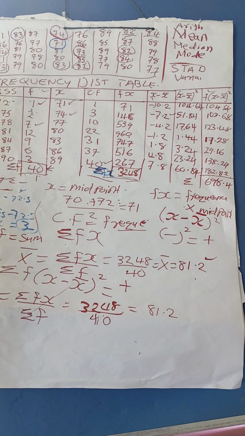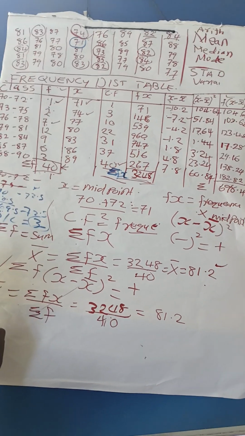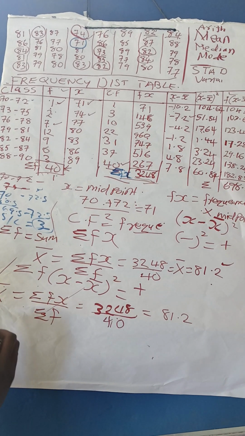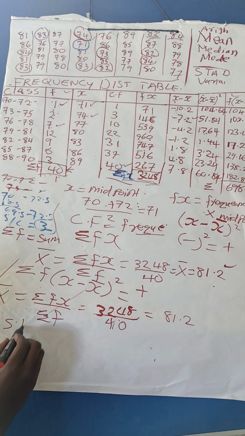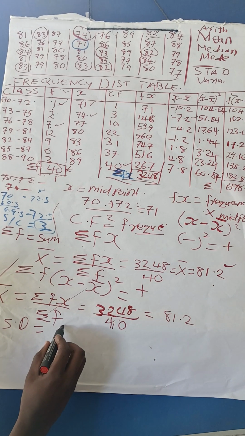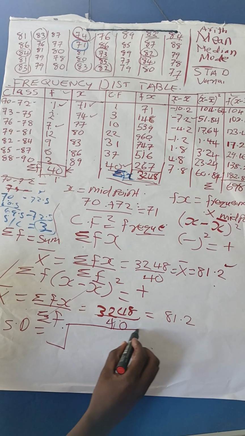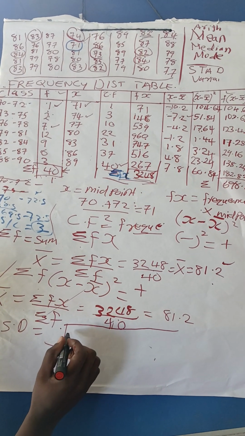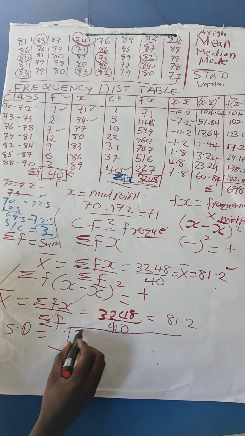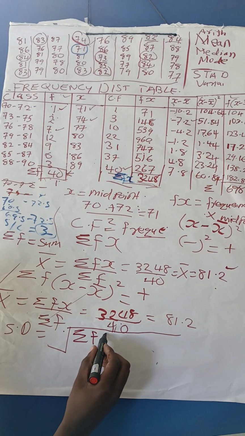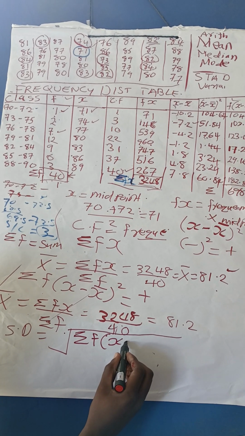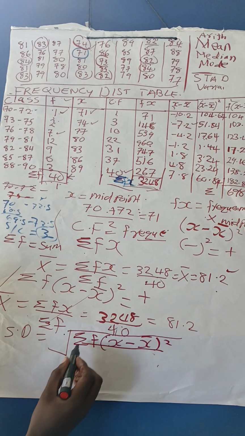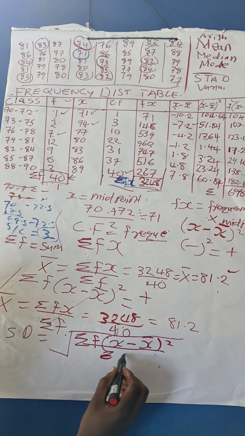Good. The standard deviation, part B, let us get the standard deviation. The standard deviation in this case is equal to the square root, because you want us to utilize this table to get everything. So the standard deviation in this case, it is what? You get the total summation of f in bracket x minus mean squared, you divide by total f.